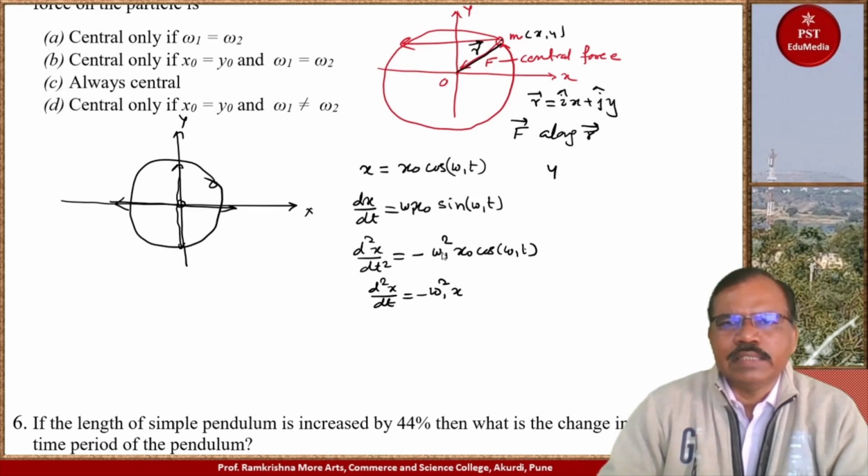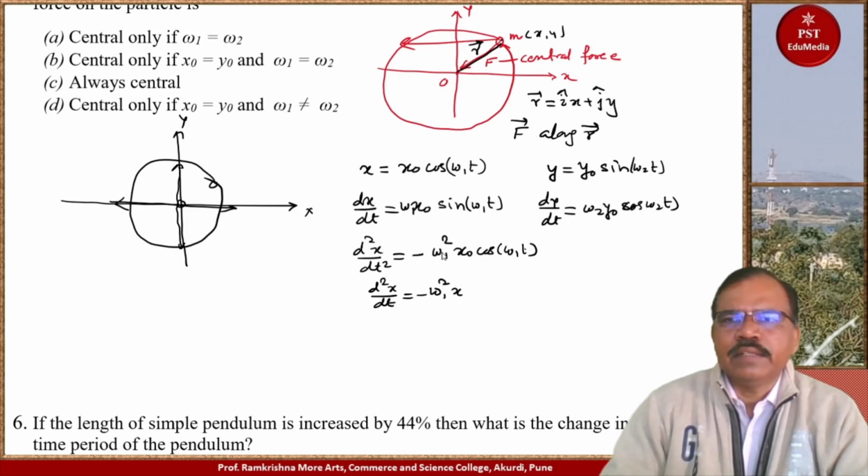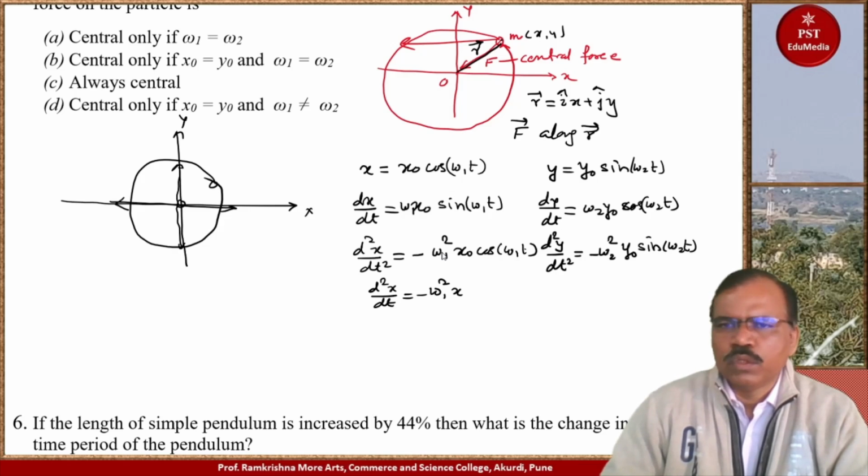Similarly, y is equal to y0 sin omega 2 t. So dy by dt is omega 2 y0 cos omega 2 t, and d2y by dt square is equal to minus omega 2 square y0 sin omega 2 t. So d2y by dt square is equal to minus omega 2 square y. So this is also simple harmonic motion.